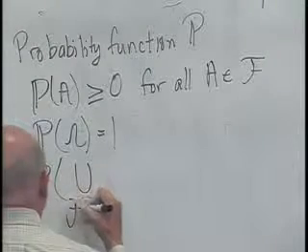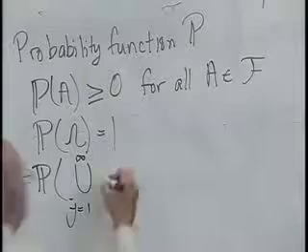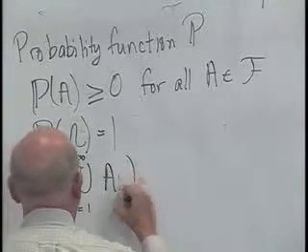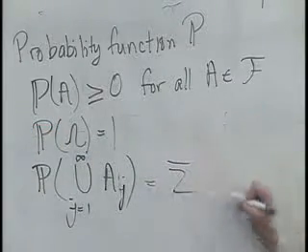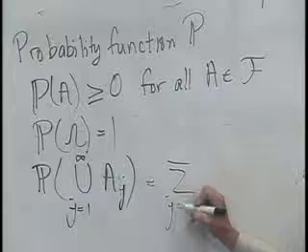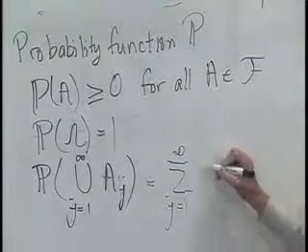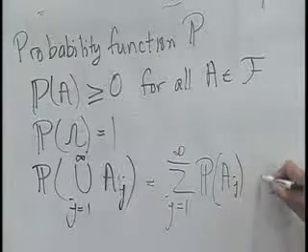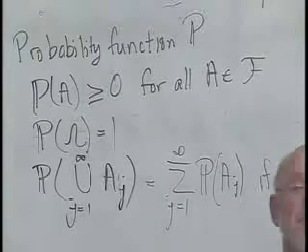So we take the union from j equals 1 to infinity of a set of events called A sub j, and that's equal to the sum from j equals 1 to infinity of the probability of the individual events, provided these events have what property?